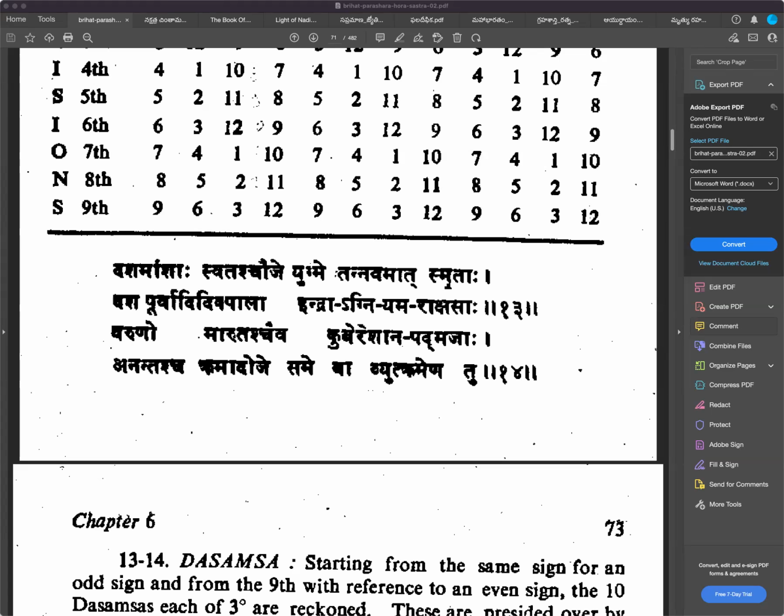That's why some softwares include it. That's an extra calculation, and I think it is not available in all softwares. Some softwares, whichever came recently, include it for calculating further charts. But you can do it manually. Up to Navamsha you can do manually, even up to D10.